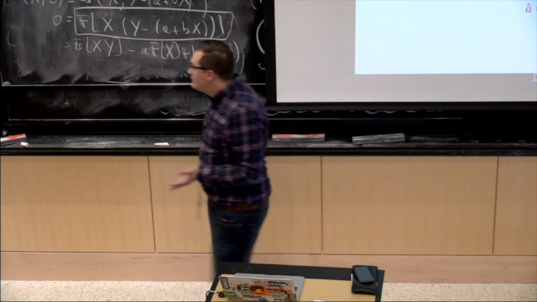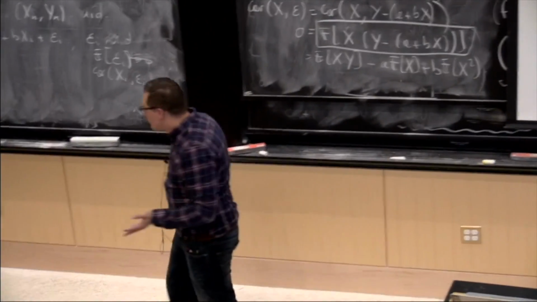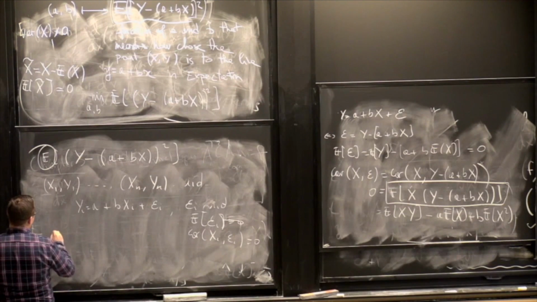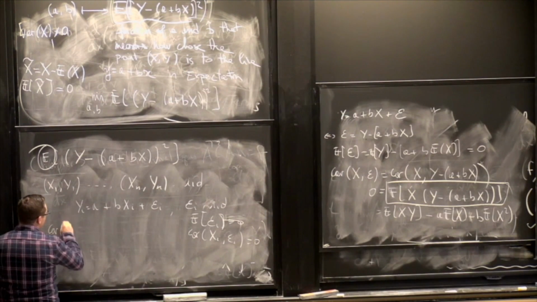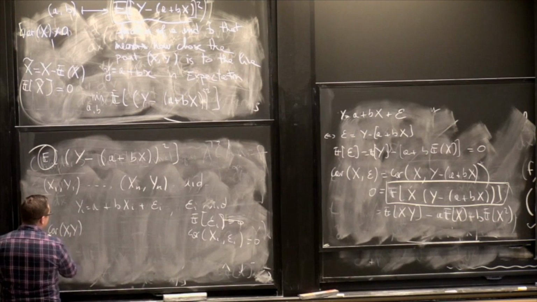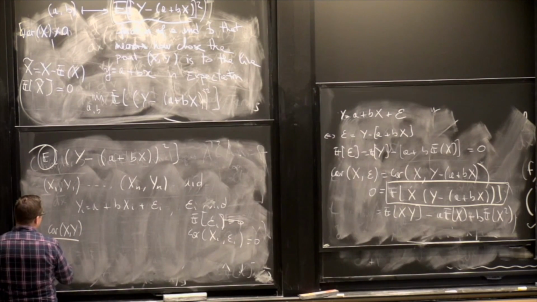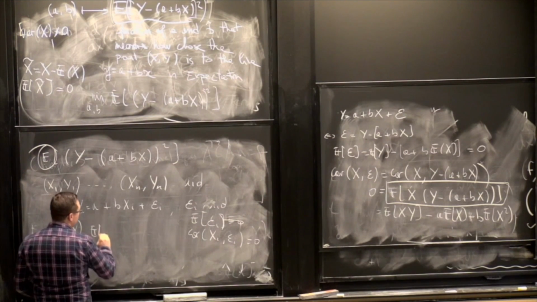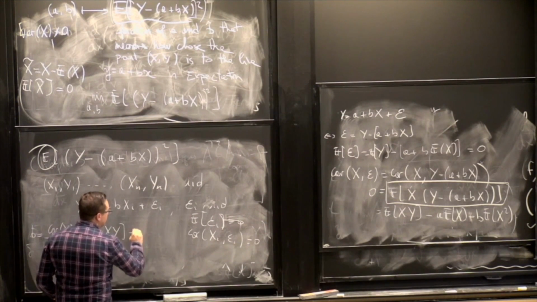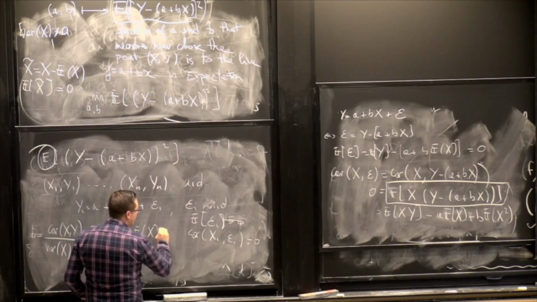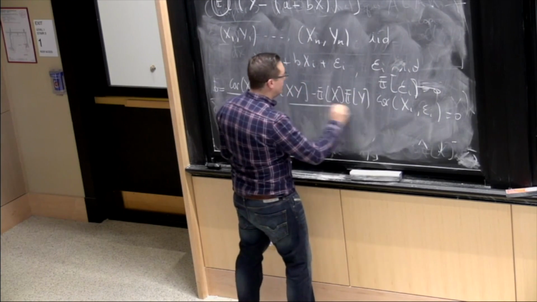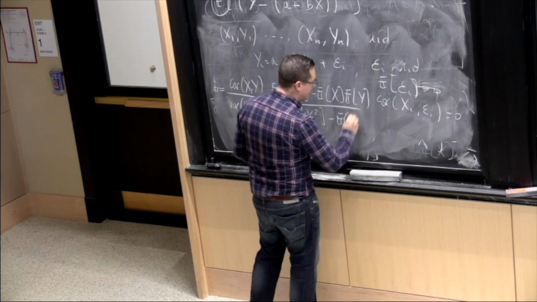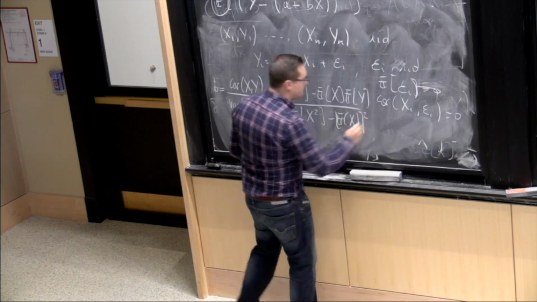As you can see, it's basically the same thing. Remember, b was the covariance between x and y divided by the variance of x, which I can rewrite as the expectation of xy minus the expectation of x times the expectation of y, divided by the expectation of x squared minus the expectation of x, the whole thing squared.